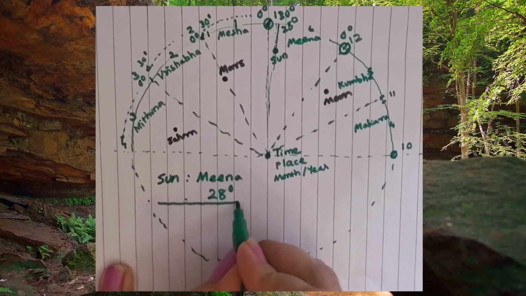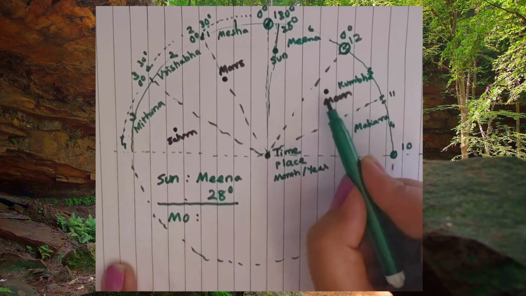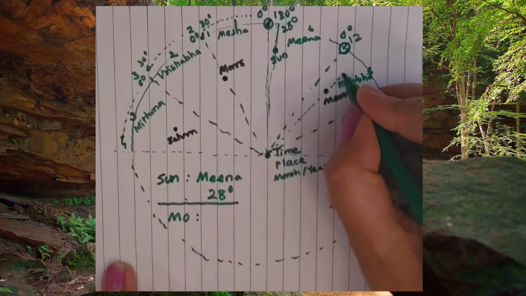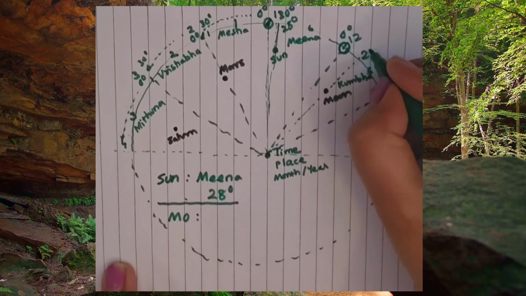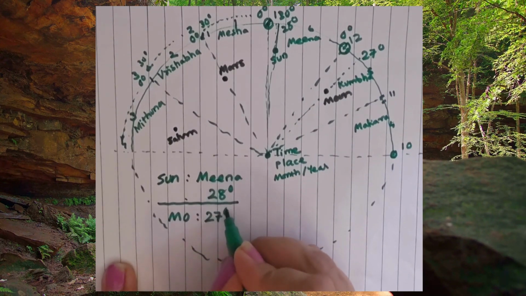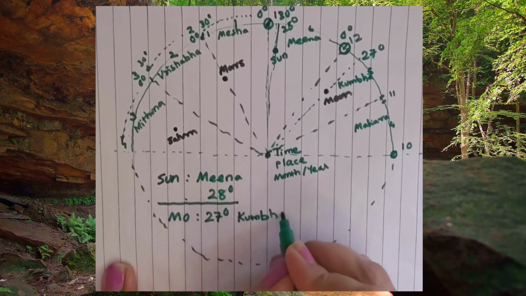Like this we will have moon, right? So moon is here, which means it is Kumbha Rashi. Let's assume that this is something maybe 27 degree, correct? So moon is 27 degree Kumbha Rashi, right?